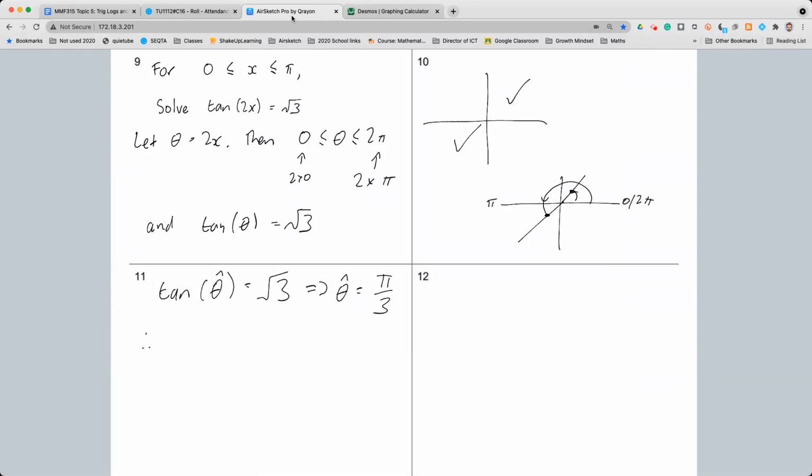So theta is equal to pi on 3, or, I'll do it separately just for the notes, theta is equal to pi plus pi on 3, which is equal to 4 pi on 3, since 3 pi on 3 plus pi on 3 is 4 pi on 3. I'll stop there. Any questions? I haven't finished. This is just what theta is. Our goal is to work out what x is.